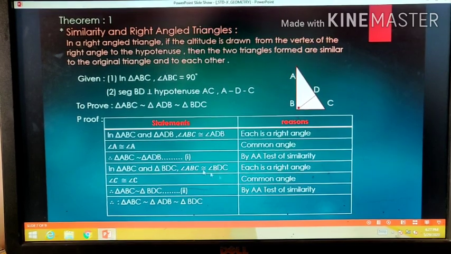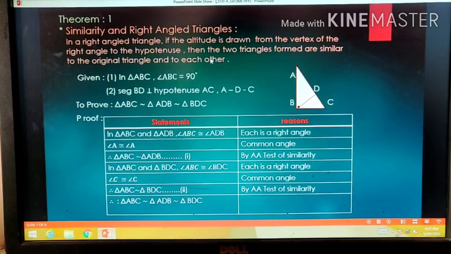Now let's see similarity in a right angle triangle. In a right angle triangle, if an altitude is drawn from the vertex of the right angle to the hypotenuse, then the two triangles formed are similar to the original triangle as well as to each other.